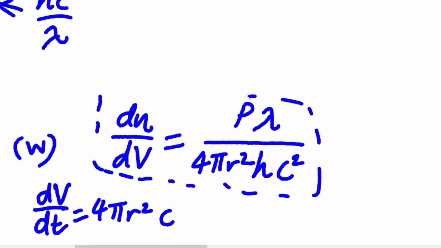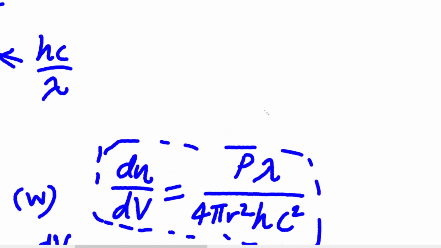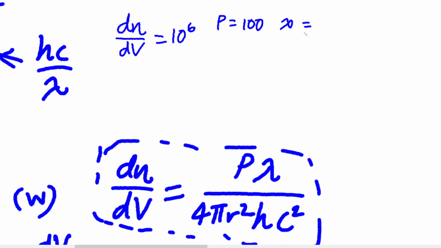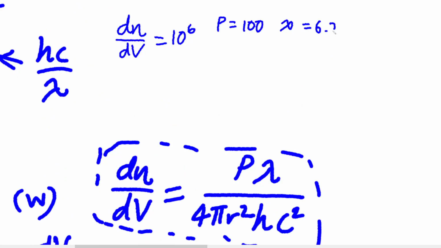So having derived this formula, dN by dV is P lambda over 4 pi r squared hc squared, you can rearrange basically with the knowledge that dN by dV is meant to be 10 to the 6 photons per meter cubed. P is 100 watts. Lambda is 6.0 times 10 to the minus 7 meters.